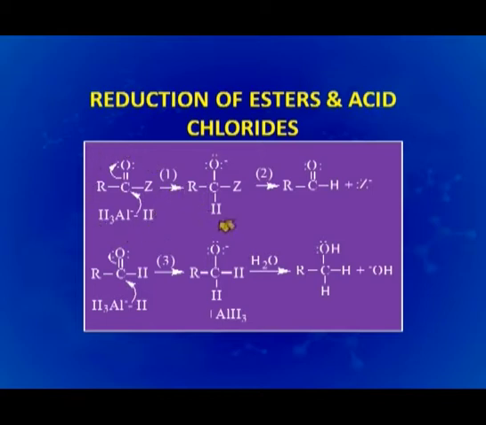In the first step, the hybridization of this carbon is sp2, which converts into sp3 hybridization as an intermediate. After that, protonation and removal of the leaving group gives rise to the aldehyde. If we want to continue this reduction process further, it reduces to the alcohol.